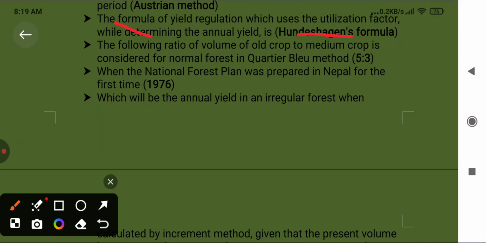And the formula, the following ratio of volume of old crop to medium crop is considered for normal forest is Quarter Blue method, 5 is to 3. When the national forest plan was prepared in Nepal is 1976.